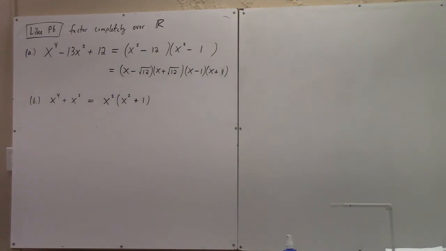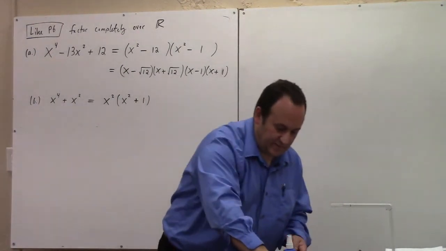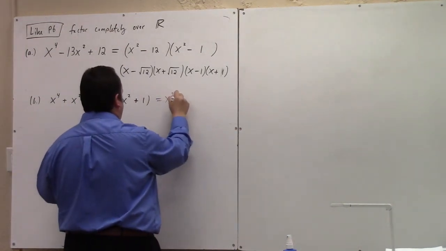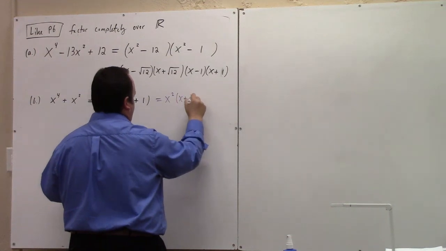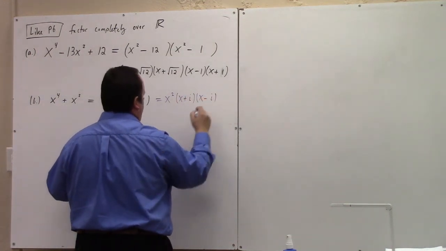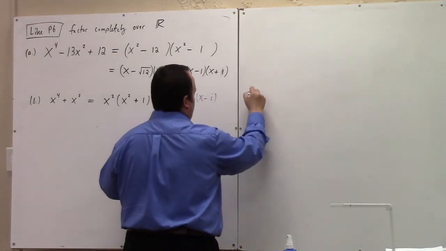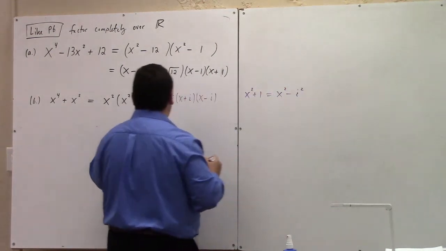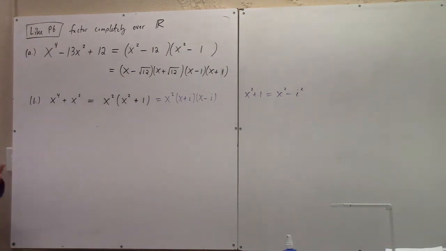So this is factored completely over the reals. Now, if the question was to factor over the complexes, I could go on. If I was going to factor over the complex numbers, I could further simplify this, since x squared plus 1 is also equal to x squared minus i squared. So we can look at x squared plus 1 as a difference of squares if we use complex numbers.